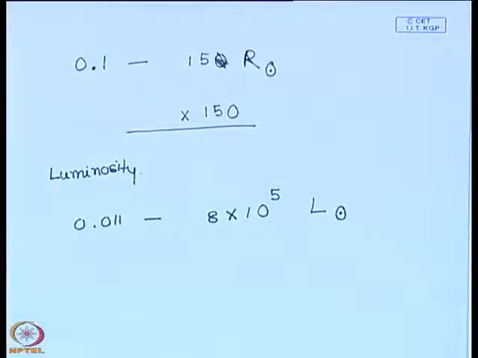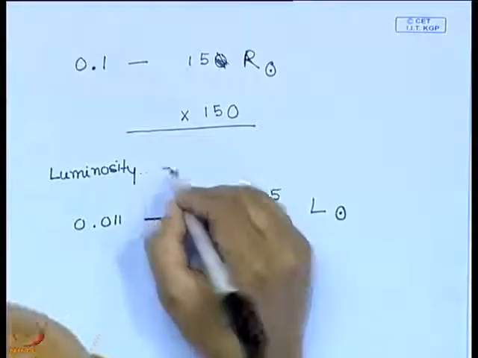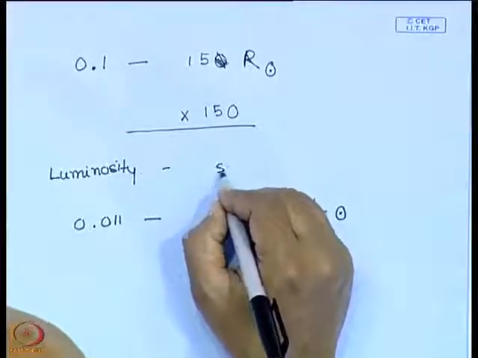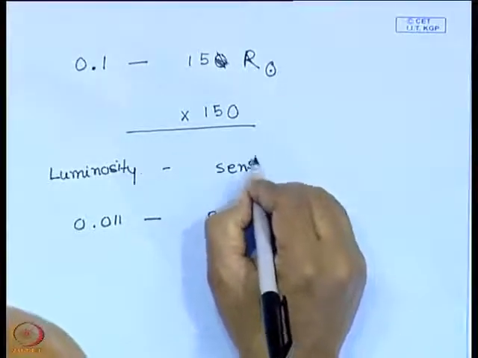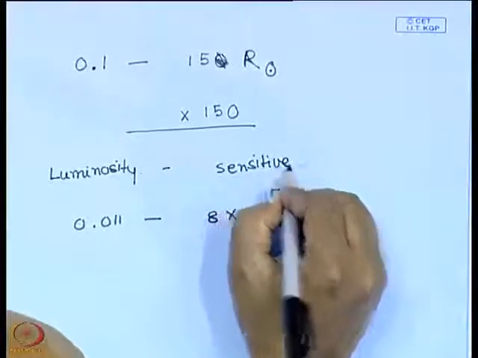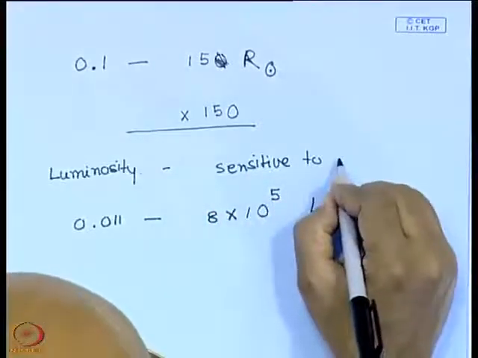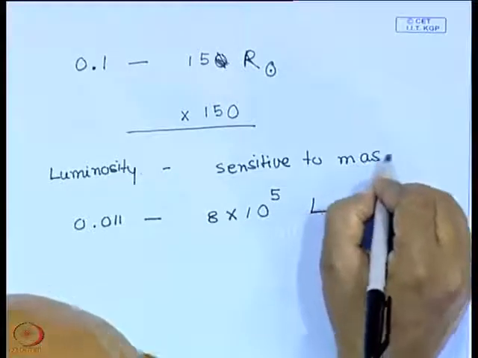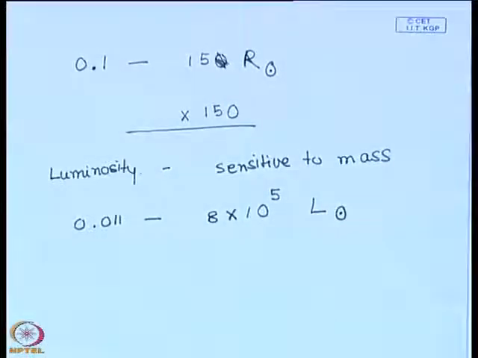So, the luminosity is extremely sensitive to the mass. If you change the mass by a small amount, the luminosity goes up enormously.